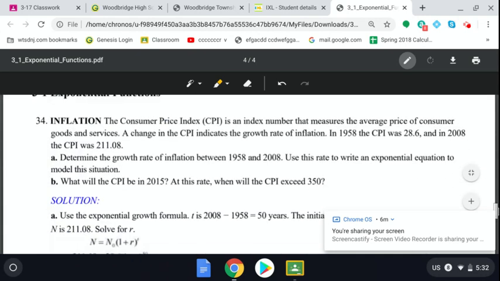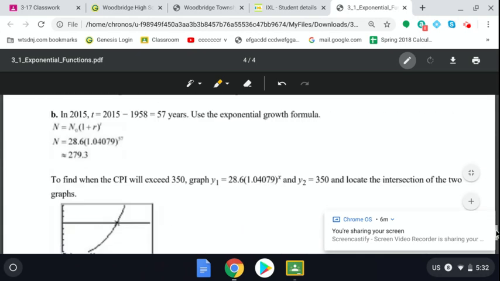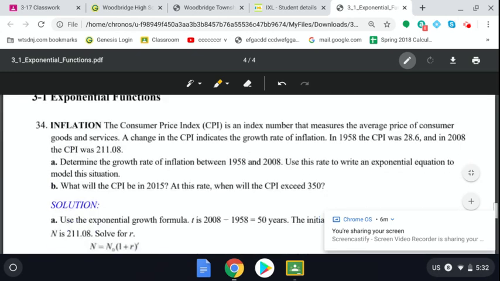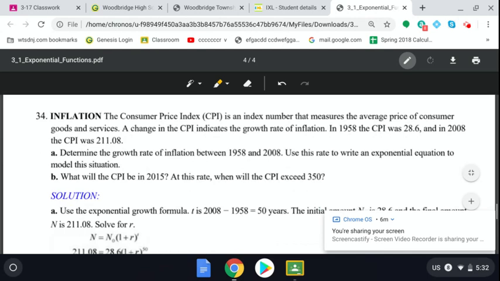And then I also selected one word problem here. It says the consumer price index is an index number that measures the average price of consumer goods and services. A change in the CPI indicates the growth rate of inflation.